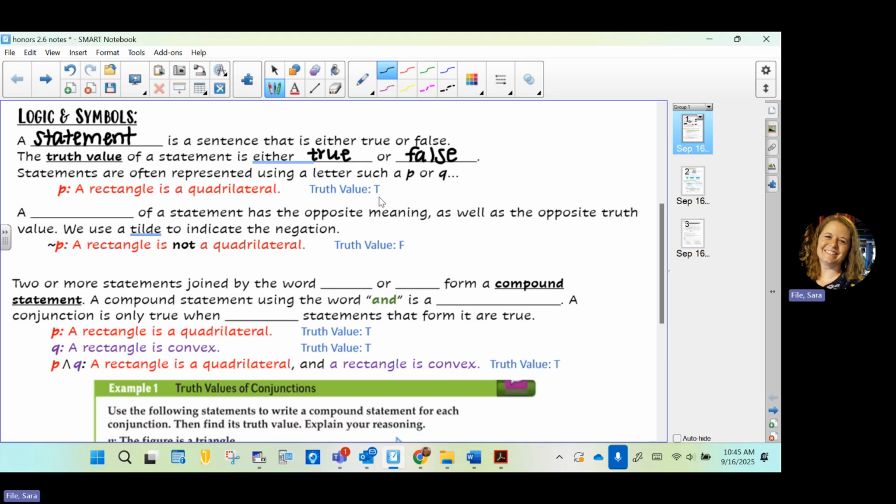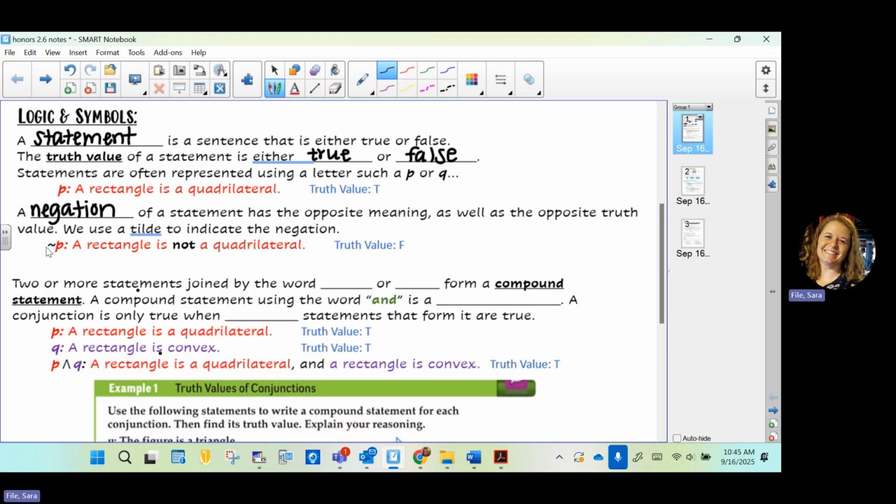Now, if we negate a statement, a negation of a statement has the opposite meaning. That also means it's going to have the opposite truth value. To notate a negation, we use a tilde. That's this in front of the P, this little squiggle on your keyboard. It's like the top left of your keyboard next to the 1, I think.